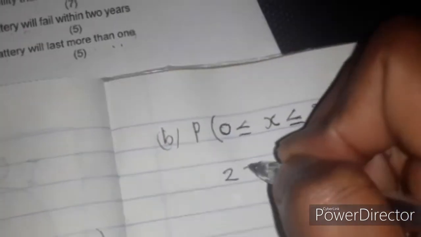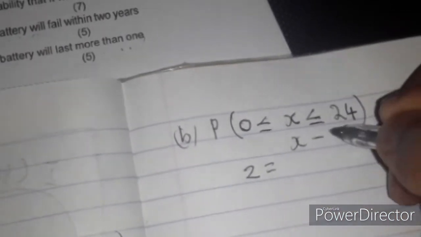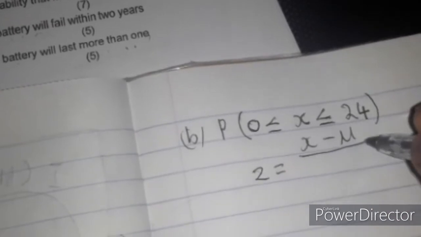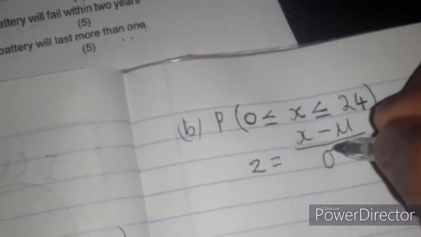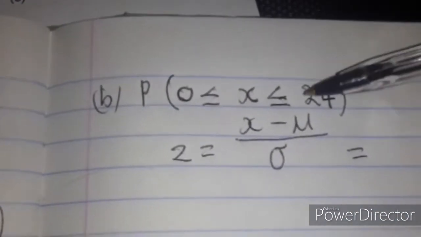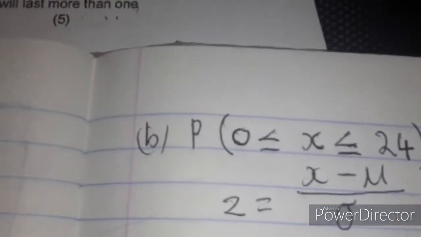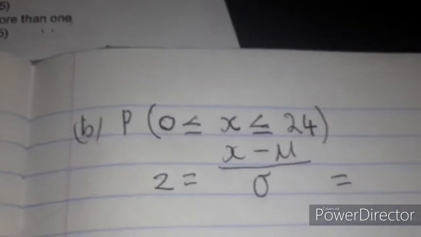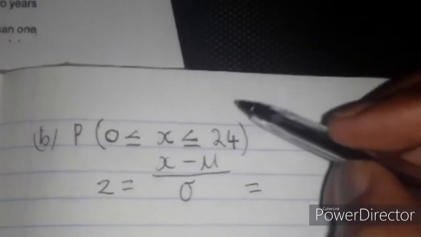Now Z is equal to x minus mu over the standard deviation. Within 2 years means between 0 and 24 months, so we cannot calculate 0; we are going to calculate 24.